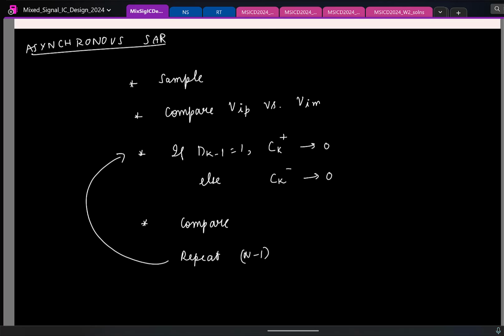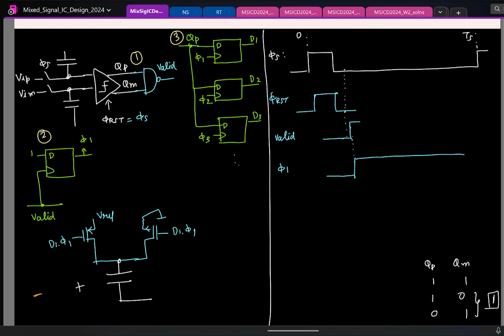So again I have to detect when the first comparison is done and see when D1 is 0. So what might be the logic? D1 bar times phi1. So same thing you feed here also. Okay. Cool.